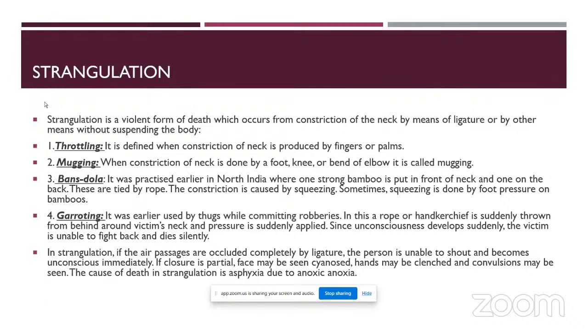Now, what are the postmortem findings in this? What are the external or internal findings? The first thing we can find in external findings is that a ligature may be seen on the neck. It is not necessary that in every case of strangulation we can find a ligature, but it should be photographed in situ, and after removal it should be preserved and handed over.